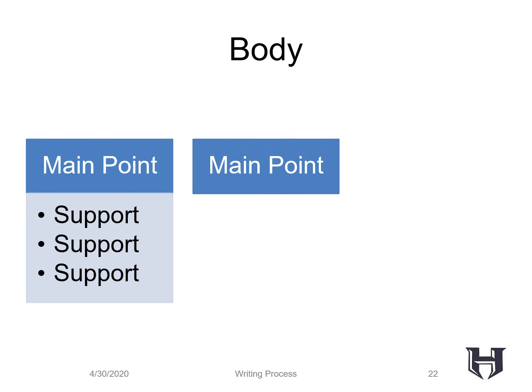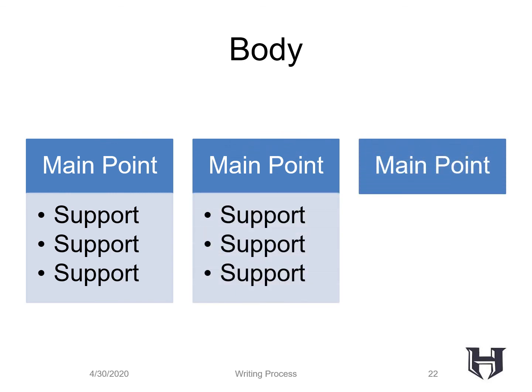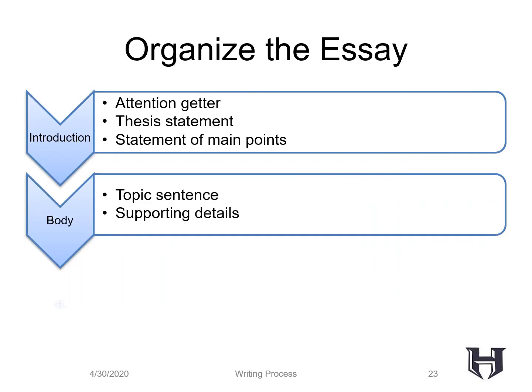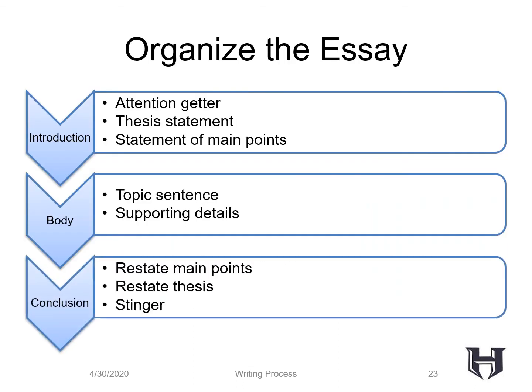You've got main point number 1, main point number 2, main point number 3. And the support is what you've researched about your topic. And then, of course, finally, like I said, you end up with a conclusion, restating the main points, restating the thesis, and then you've got your stinger.